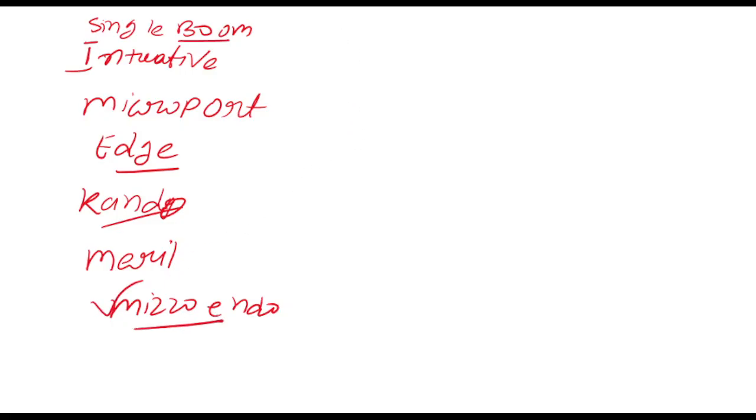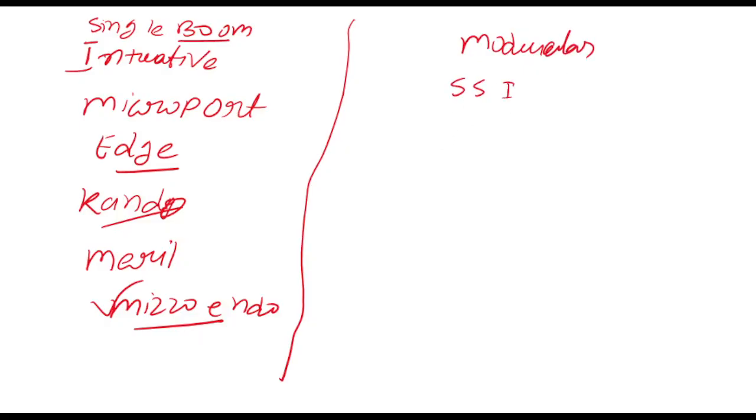So these are single boom. For the second group, modular cart, one famous company in India is SS Innovation. Then Medtronic also has their Hugo RAS robot.